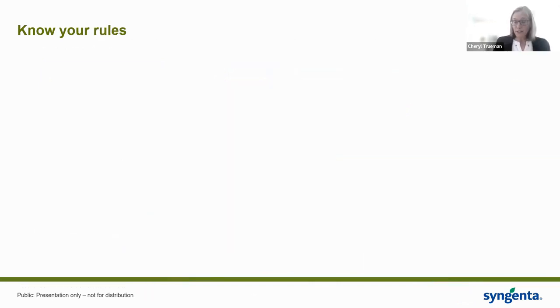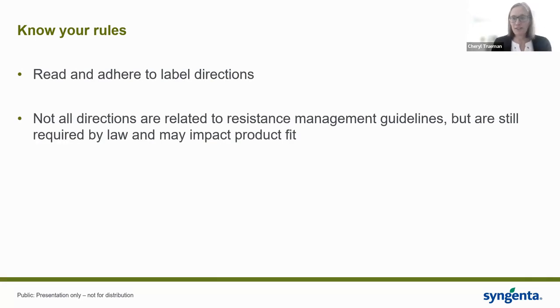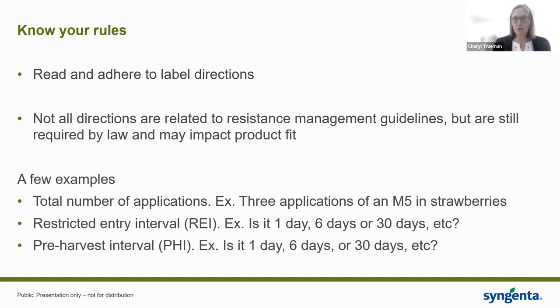Know your rules. This means reading and adhering to label directions, and remembering that not all directions are related to resistance management, but they're still required, and they can impact product fit. So some examples: you're limited to 3 applications of an M5, so chlorothalonil, in strawberries.